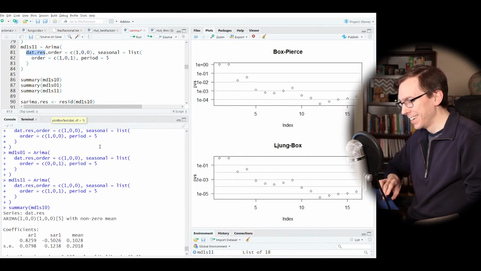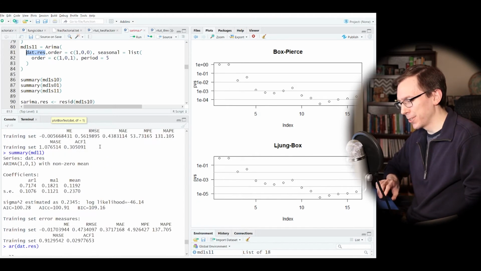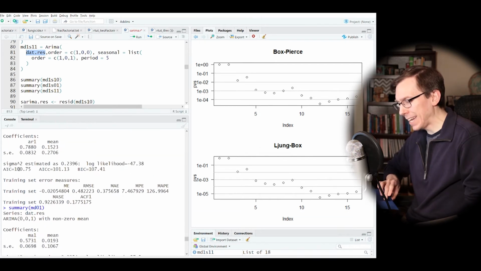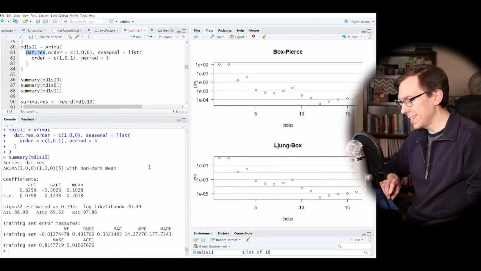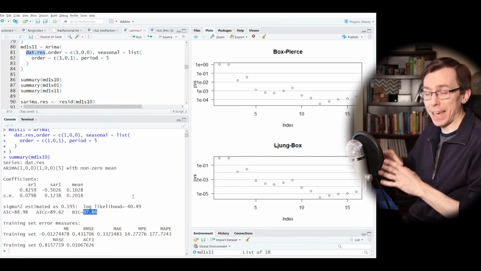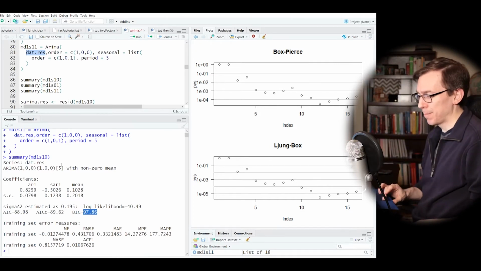If we go back to our original non-seasonal model, we had an AIC close to 100 and a BIC of about 107. So what happens when we add in a seasonal AR? Wow, the AIC drops to about 89 and the BIC drops to about 97. So this model is fitting a lot better to the data than the previous one without the seasonal component.